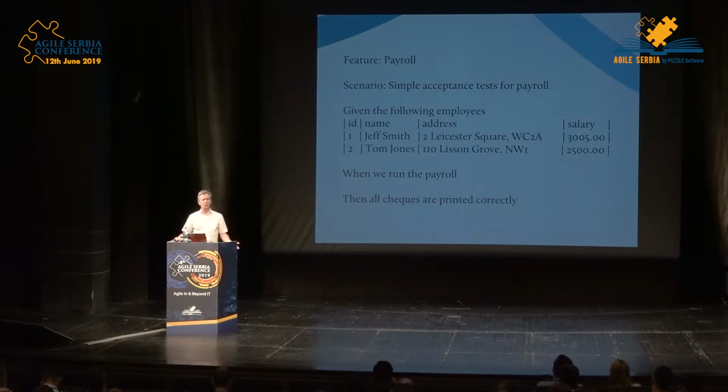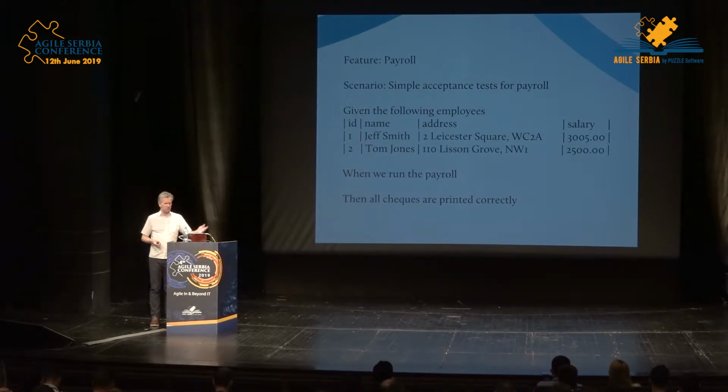You should always take that opportunity to describe what your business rule is. We then go to say, well, given the following employees, and we've got Jeff Smith and Tom Jones, their addresses and their salaries, when we run the payroll, then all checks are printed correctly. Well, okay, somebody has had to go and implement that step. Well, what exactly are they doing?